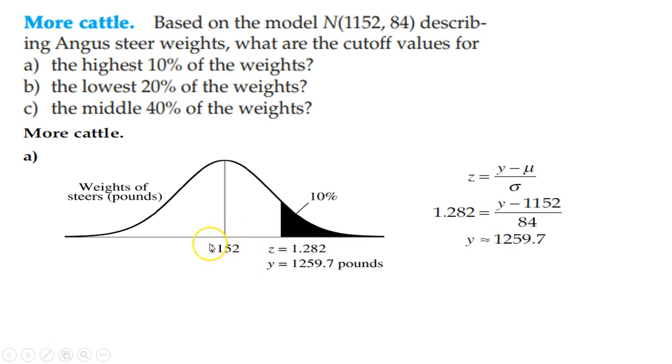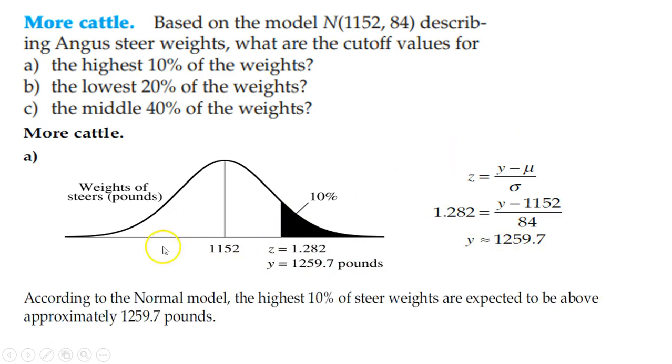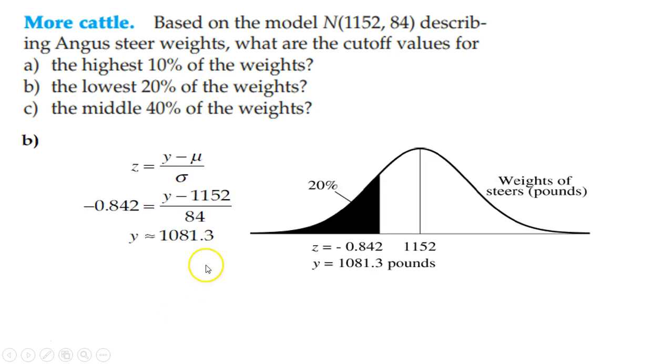The mean is 1152, so it's 0.90, comma, 1152, comma, 84, and you will get that number right away without any z-score math. So approximately the highest 10% of steer weights are expected to be above 1,259.7 pounds. Now they want the lowest 20.